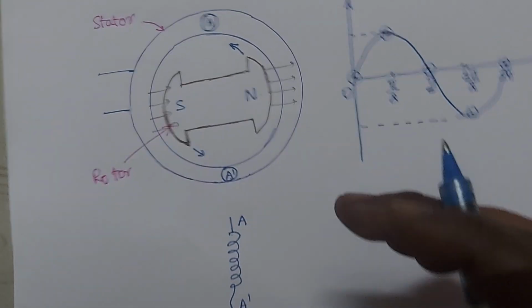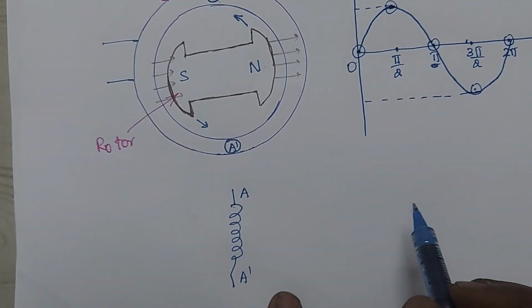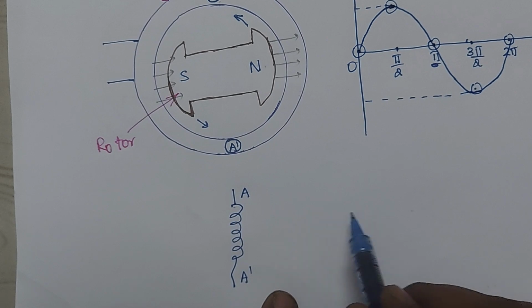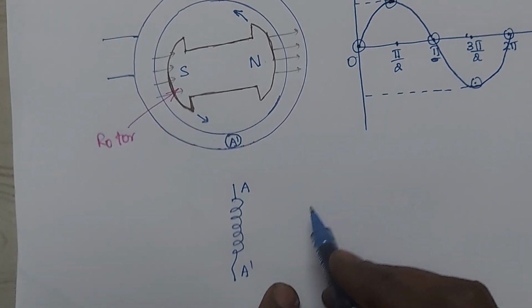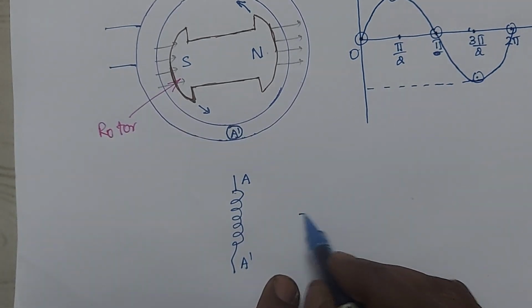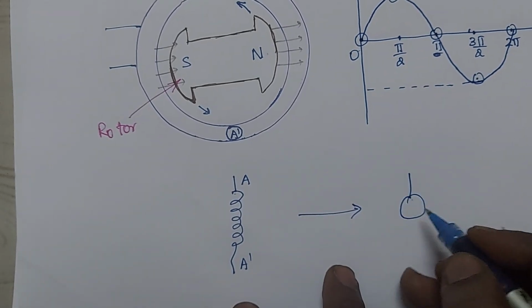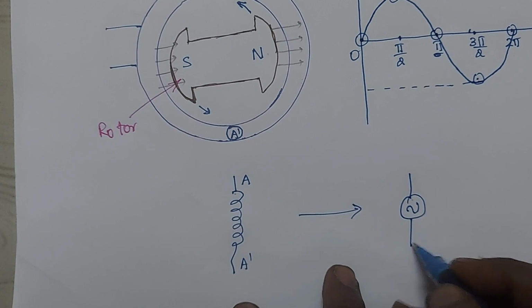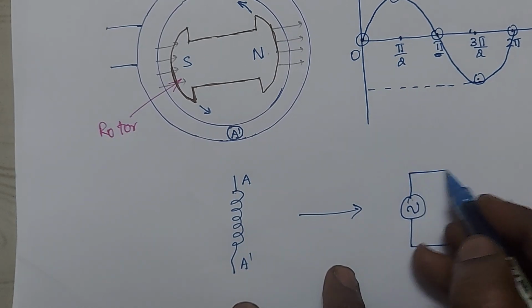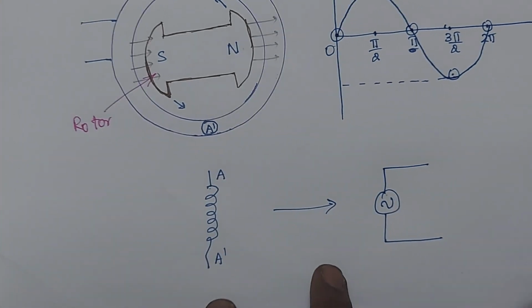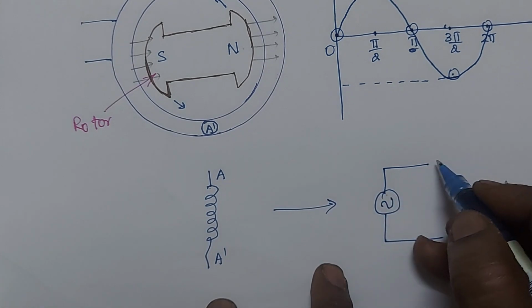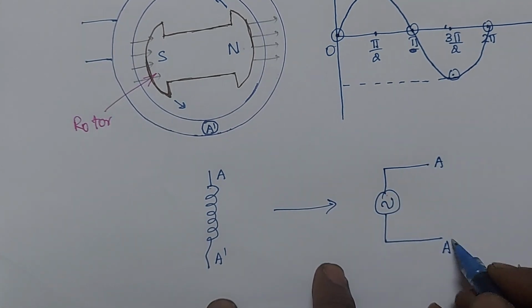Now in order to denote it from a circuit point of view, we need to represent the same generator in the form of a circuit symbol. The circuit symbol of this AC generator is like this. So here A is there and A dash is there.